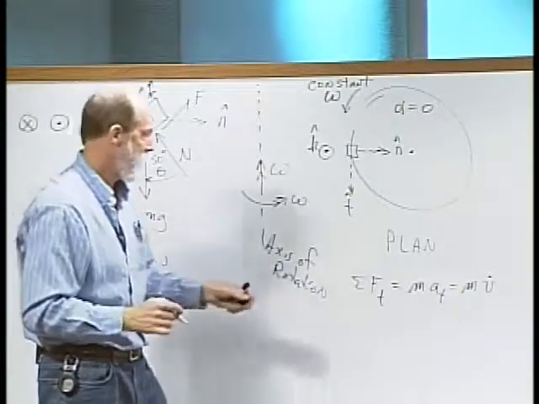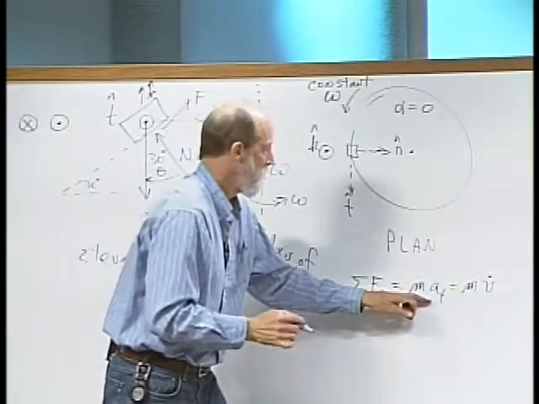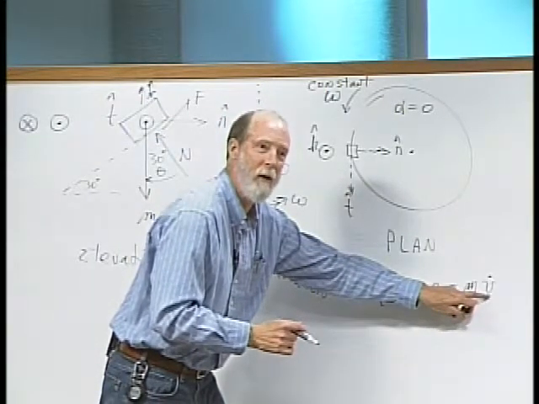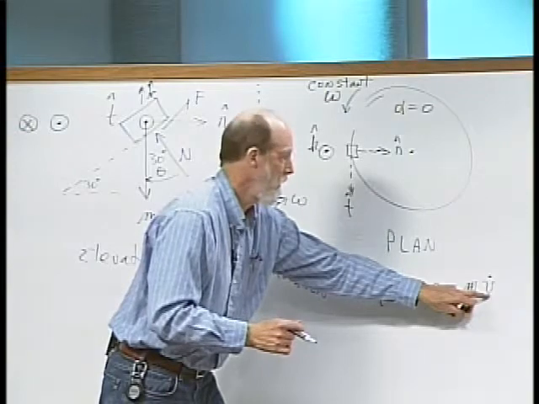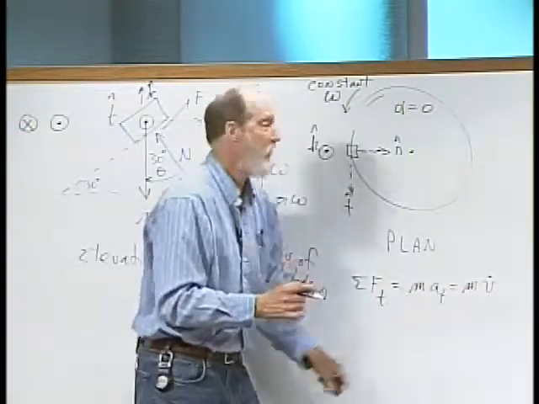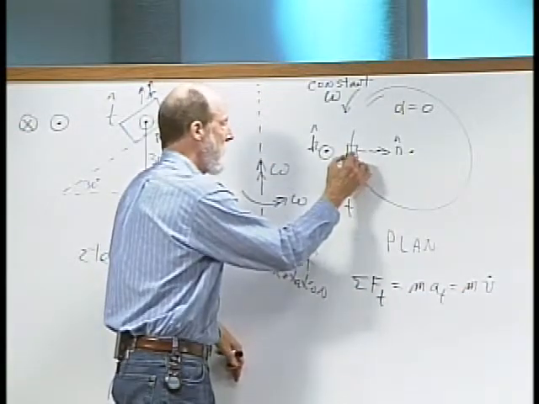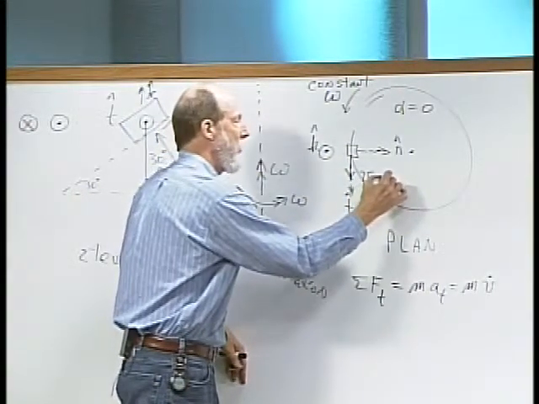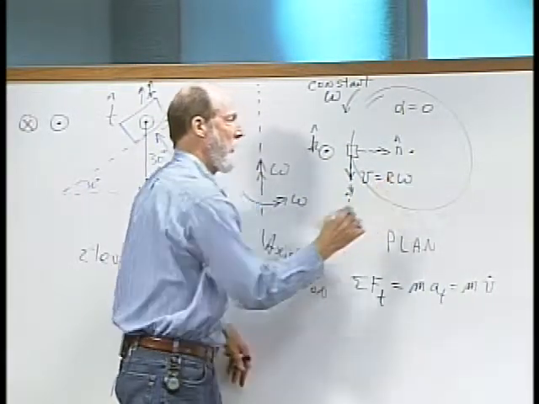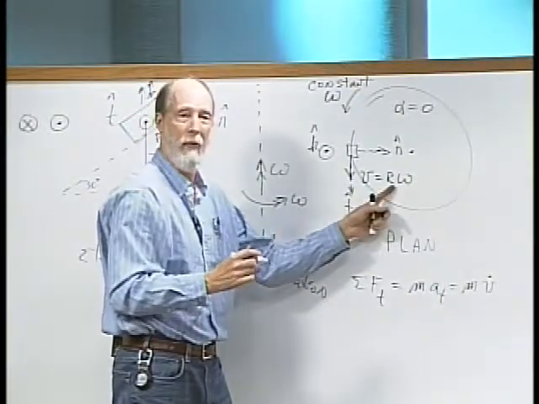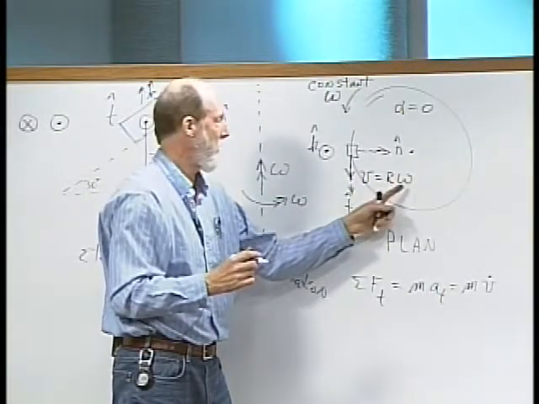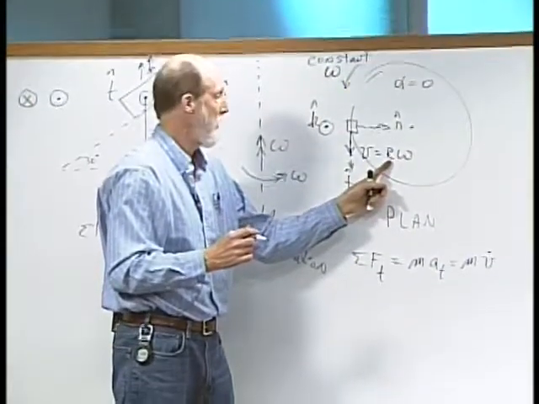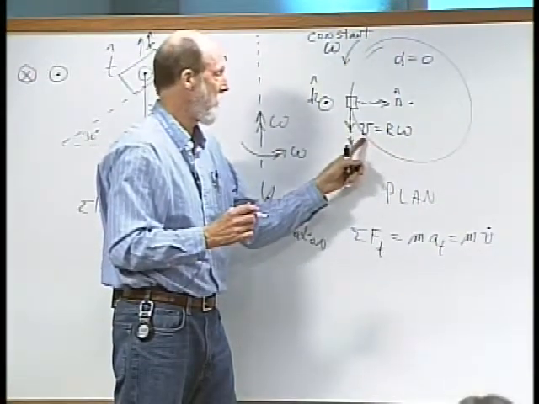Okay. What about this speed? Again, it's circular motion. So the speed is V, which is R omega, right? And if omega is being treated as constant and R is treated as constant, then the time derivative of this is 0.